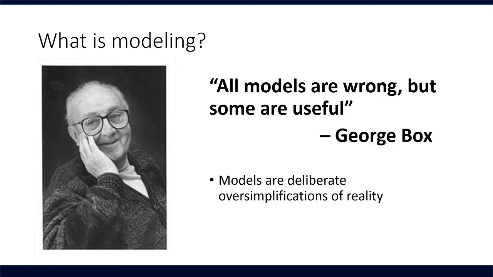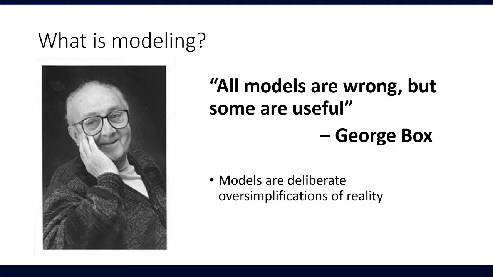And because we're doing this simplification, our models are, of course, wrong, right? The only way they would be right is if they were perfect reflections of what's actually going on in the real world.